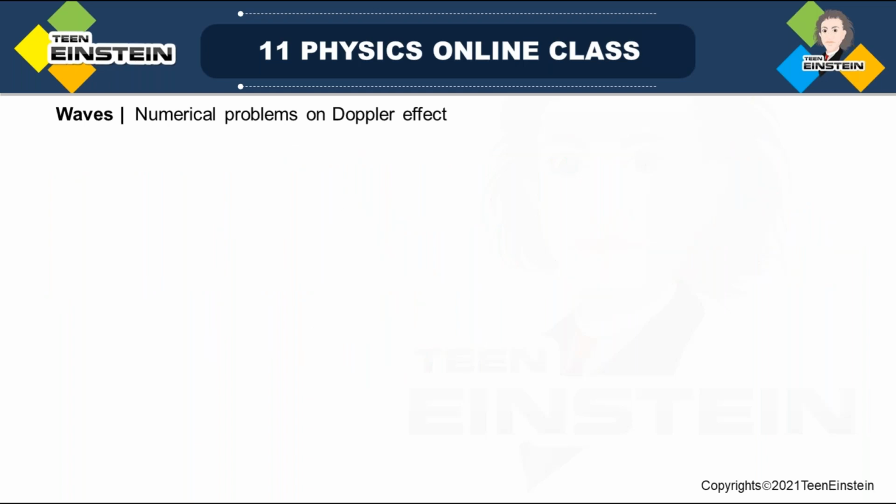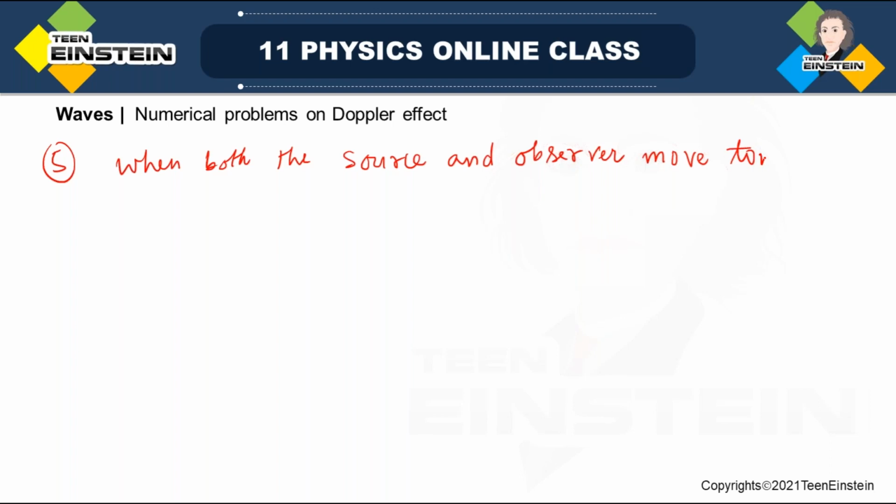Now we'll recap the last situation where both the source of sound and the observer move. So the fifth case, when both the source and observer move towards each other.